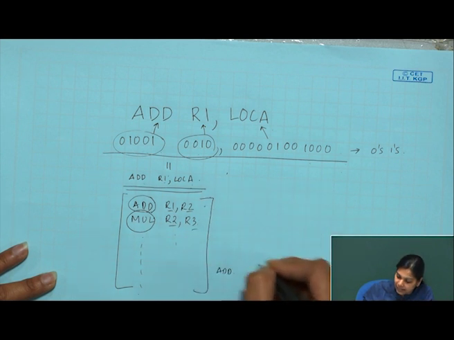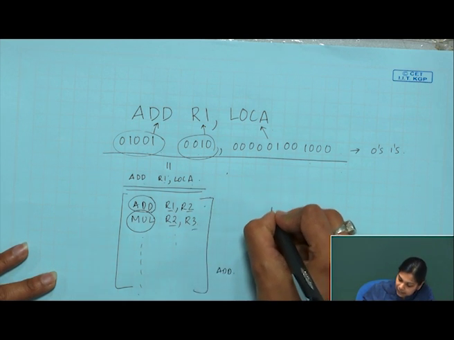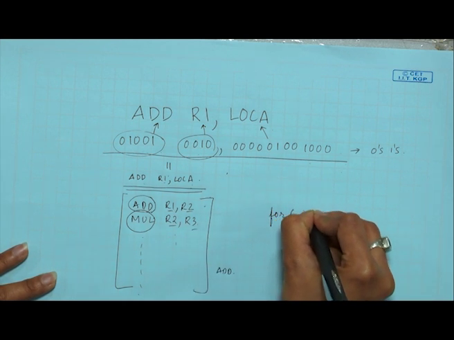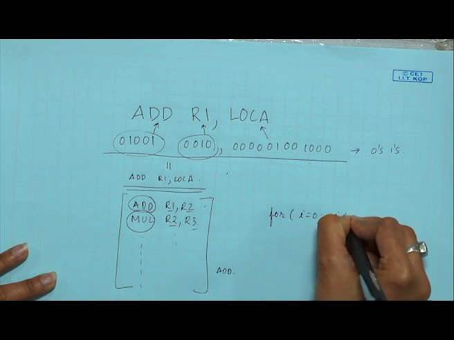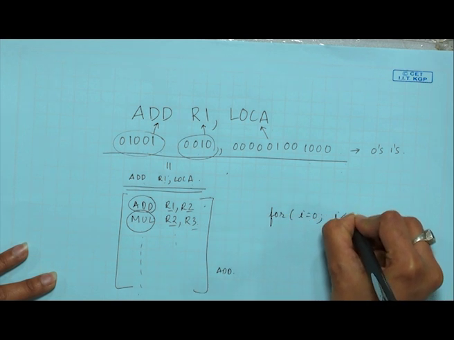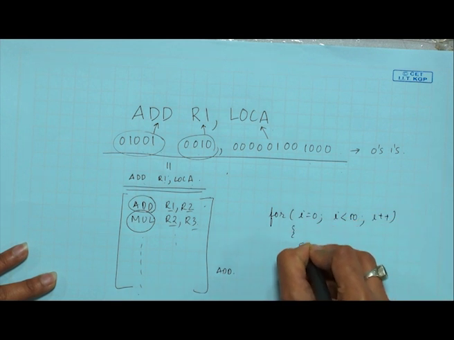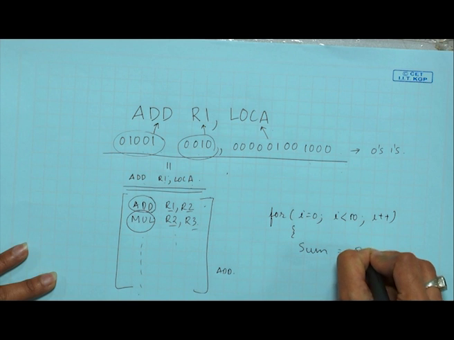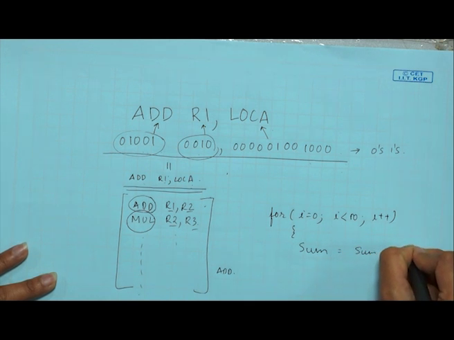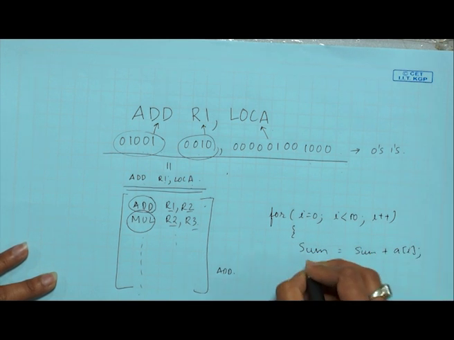Rather, for adding 10 numbers I can very easily write, let us say, for I equals 0, I less than 10, I plus plus, sum equals sum plus A of I. Let us say in that array you have stored the values.